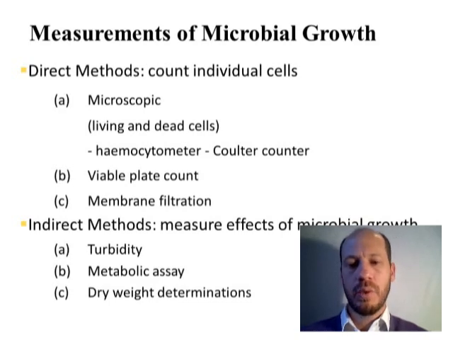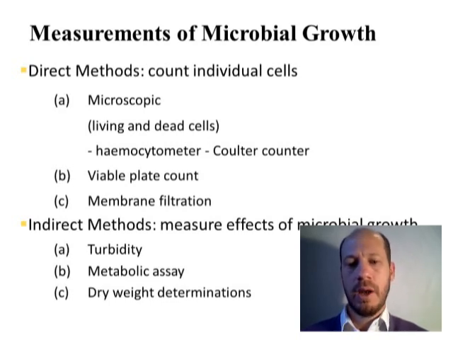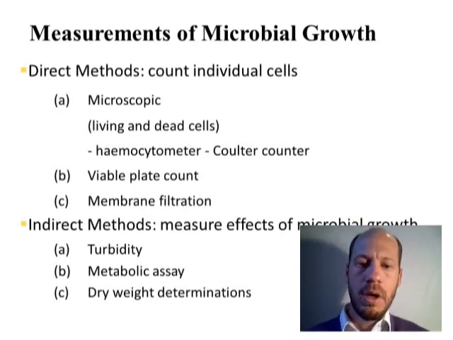The indirect methods, we will have the effect of turbidity, because the more the cells grow, the more optical density you have in that medium. And we can also assess that by using some metabolic assay, like the production of CO2, for example, or the increase in concentration of any metabolite, like proteins, for example, or lipids, or DNA.